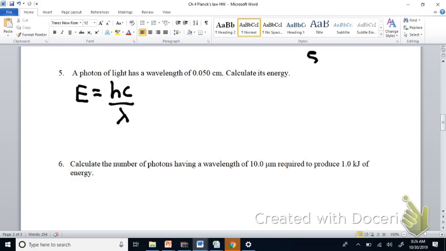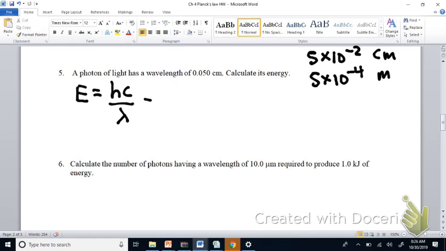So if we have 5 times 10 to the minus 2 centimeters, that's the same as 5 times 10 to the minus 4 meters. There's 100 centimeters in a meter. We've talked about unit conversions a lot, but at some point, you want to be able to do the easy conversions in your head without having to write everything down, because that just slows you down.